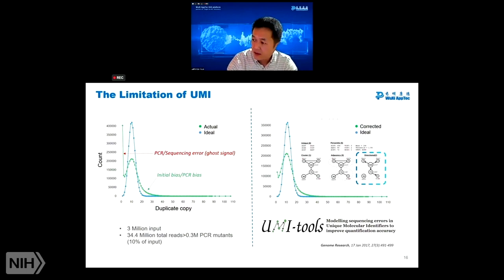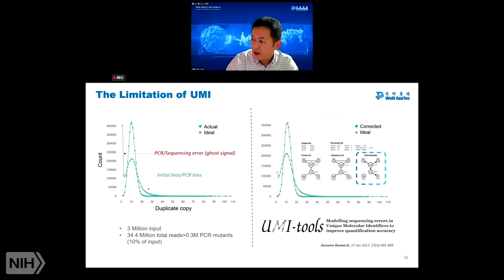There are different algorithms. The concept of these algorithms is to compare the sequence similarity and put them into different clusters, judge by the distance of these clusters and also the relative copy counts to each other, and try to formulate a decision that there is one molecule that is actually a daughter molecule of another one.